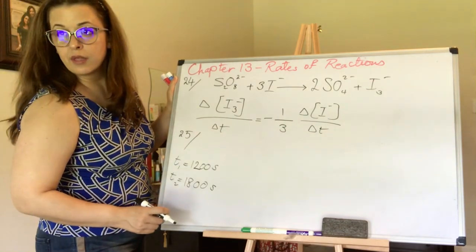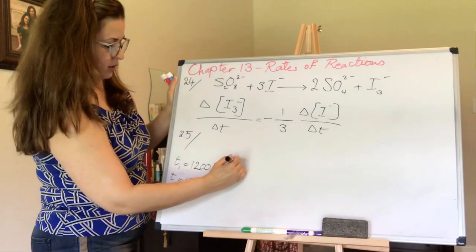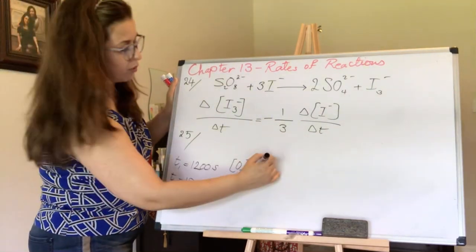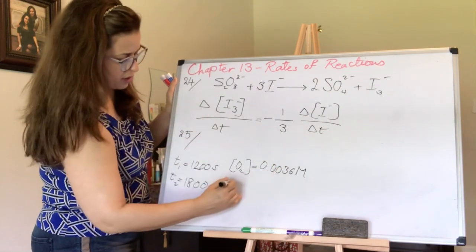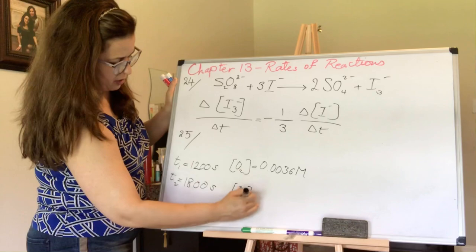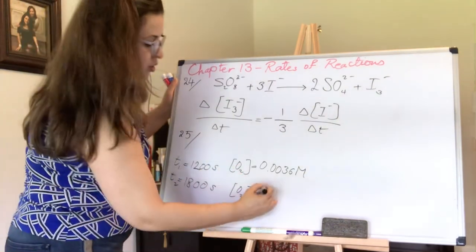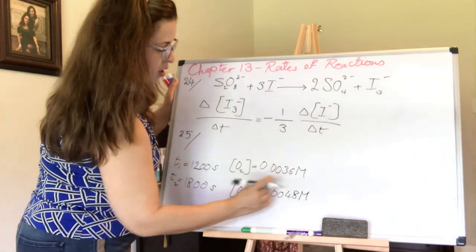and at this 1200 seconds the concentration of oxygen is 0.0036 molar. At 1800 seconds, this concentration is going to change to 0.0048 molar.